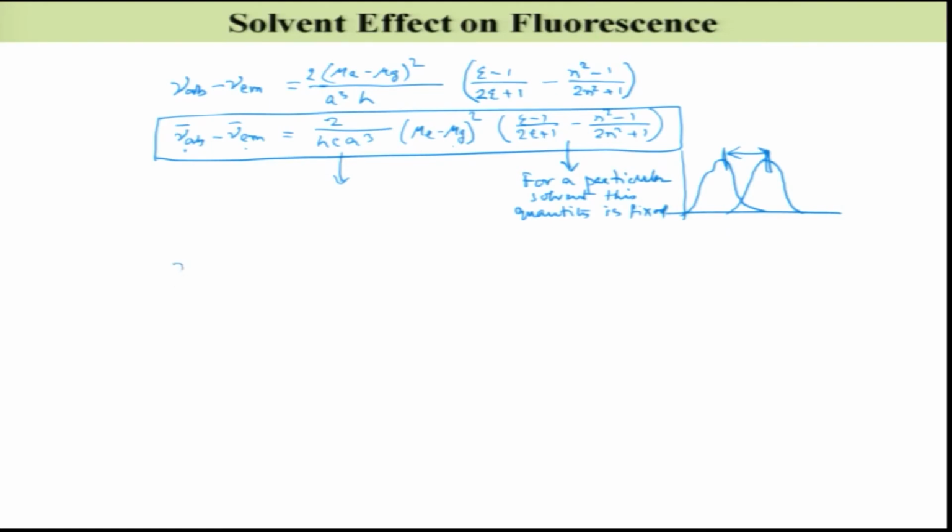So then this equation should be: nu bar absorption minus nu bar emission is equal to 2 by h c a cube, mu e minus mu g whole square, times epsilon minus 1 by twice epsilon plus 1 minus n square minus 1 by twice n square plus 1, plus some constant C. This constant C is because of the inherent Stokes shift of this molecule, which is because of the vibrational relaxation, right.